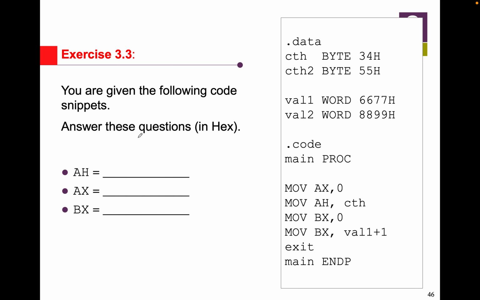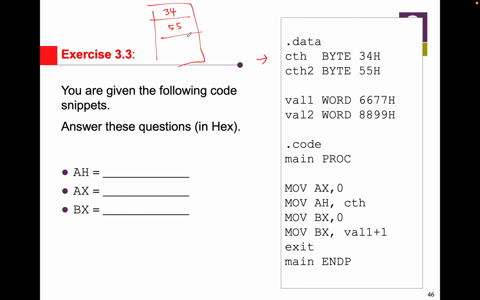answer the question in hexadecimal. So first, you can see you have CTH byte 34, CTH byte 55. Let's say I put the data in mind, 34 and then 55.